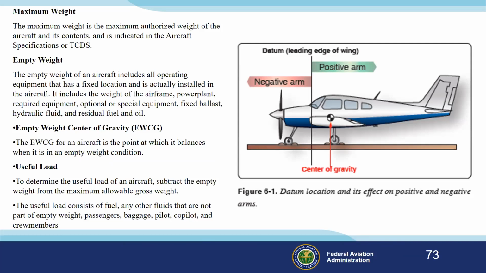Notice the datum line on this Piper is the leading edge of the wing. Anything forward of the datum is a negative arm. Anything aft of the datum is a positive arm. Notice the definitions for maximum weight, empty weight, the empty weight center of gravity, and useful load.